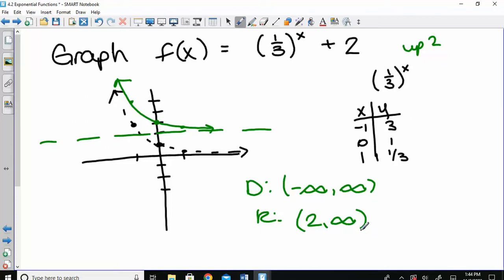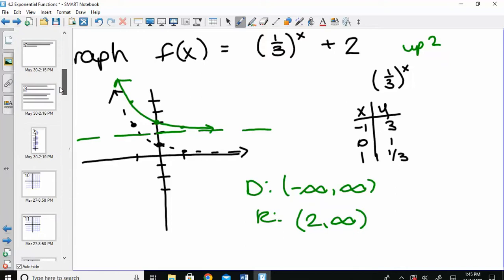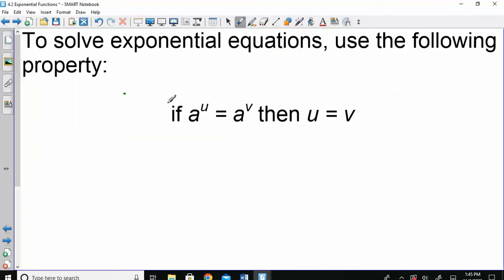Is this okay? All right, so the next piece that I want to get into is solving exponential equations, equations that have exponents with variables. With this, we are going to use one key property.